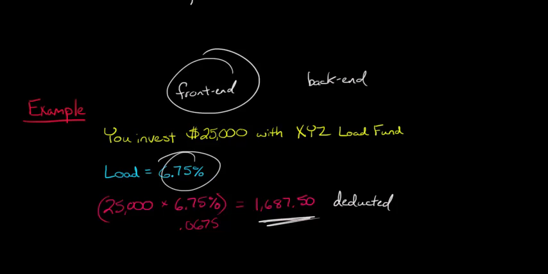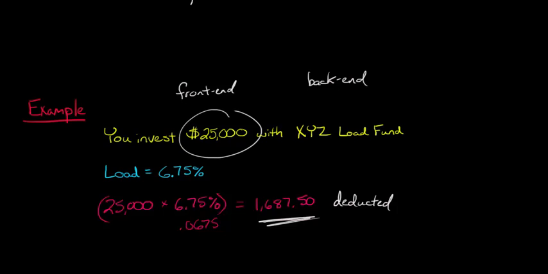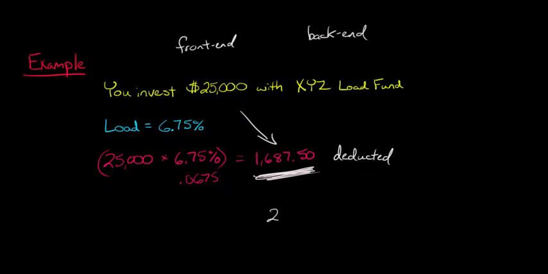This 6.75% is charged, so we're going to deduct $1,687.50 from the $25,000. When we subtract that amount, that leaves us with $23,312.50. This is the amount that goes to work for you in your investment now.